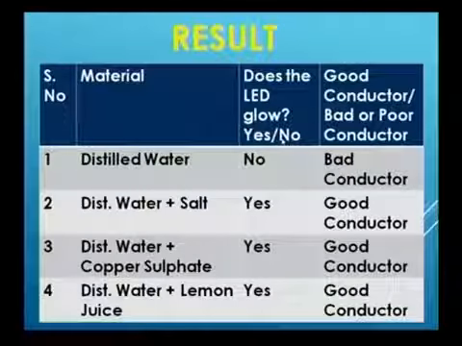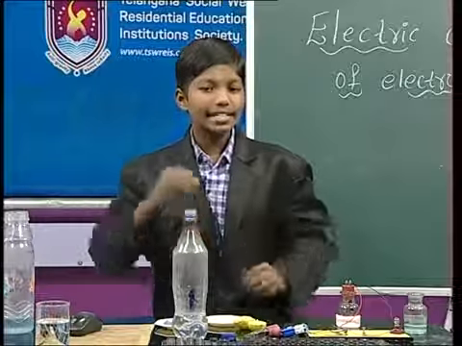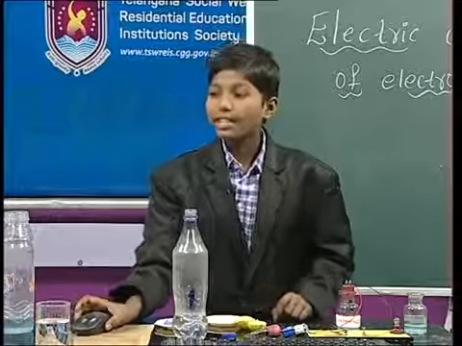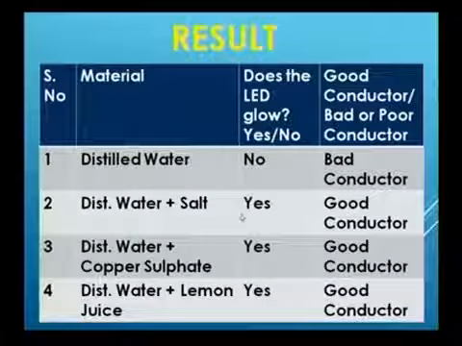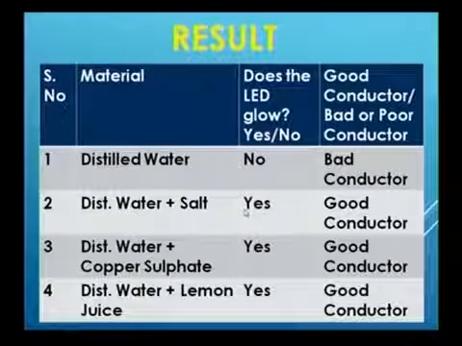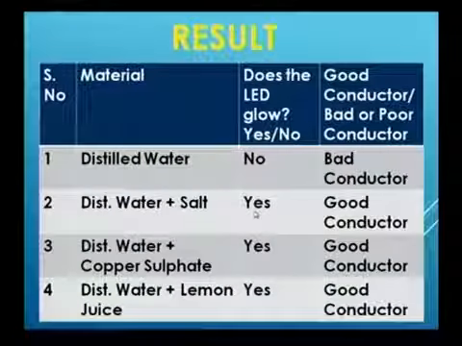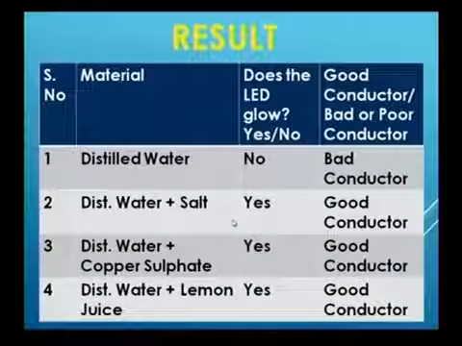Here, when we are doing our experiment, the LED bulb has glowed. So, we say it is a yes. So, distilled water with salt is a good conductor of electricity, the bulb glowed, and it is our correct result when we did our experiment.